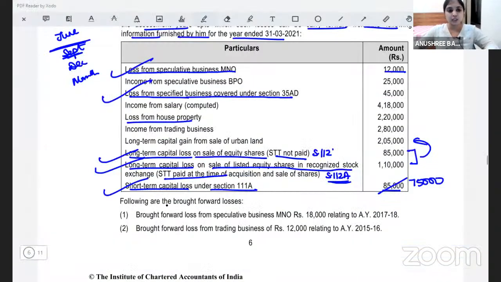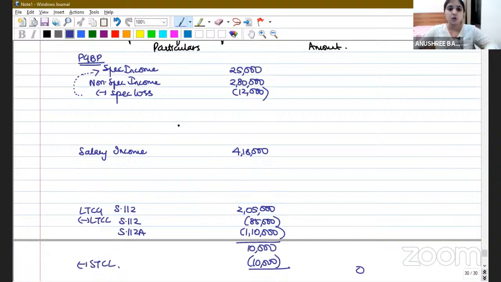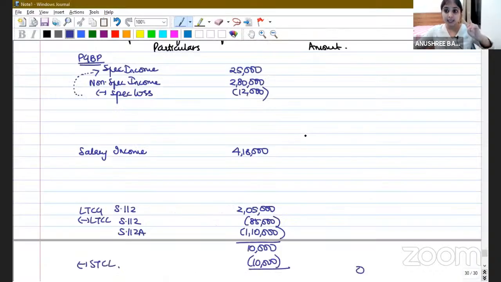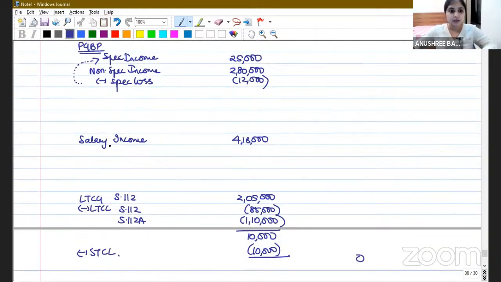So we are left only with loss from house property now. Loss from house property, we can adjust against salary income also, and against PGBP also. The loss is 2,20,000. But what is the maximum amount possible for inter-head adjustment? For a loss from house property, inter-head only 2 lakh maximum is allowed. So let me adjust it against salary income. You can adjust it against PGBP also, it doesn't matter.